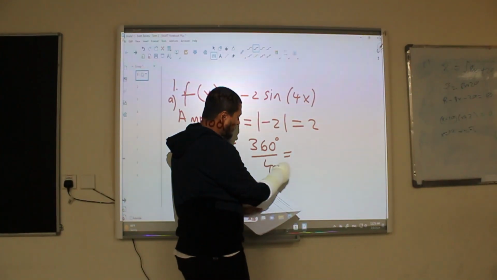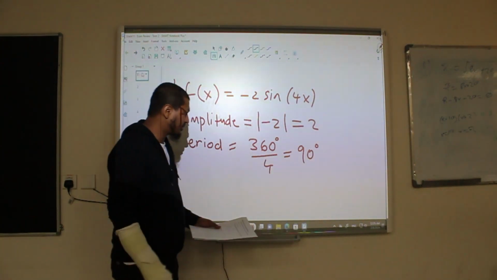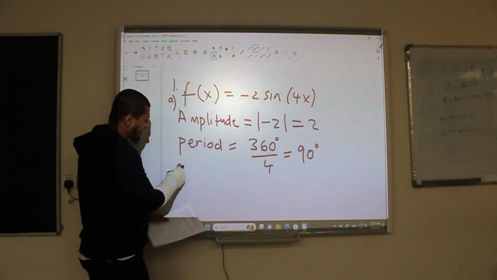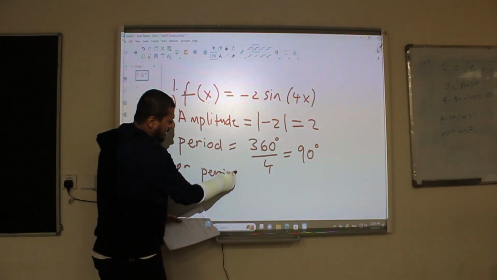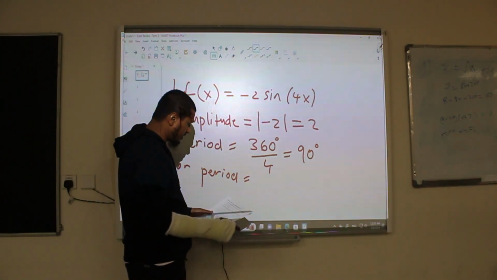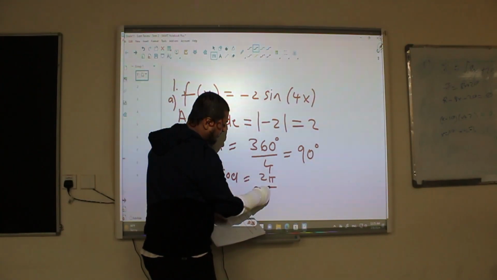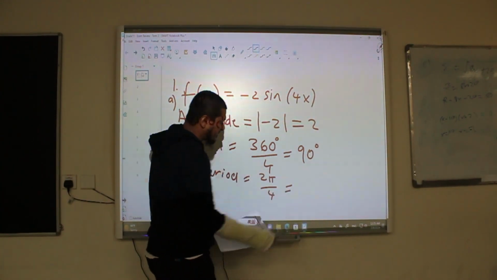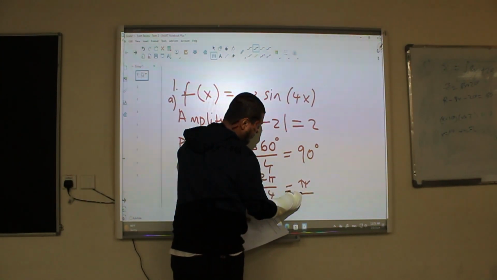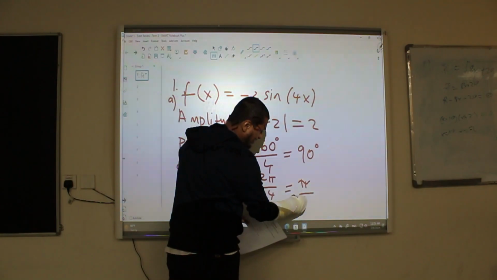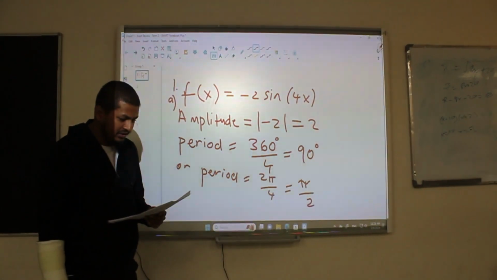So we get 90 degrees, which is also pi by 2. We can also say 2 pi divided by 4, which gives us pi by 2. And we know pi is 180 degrees in radians. So that gives us the period.